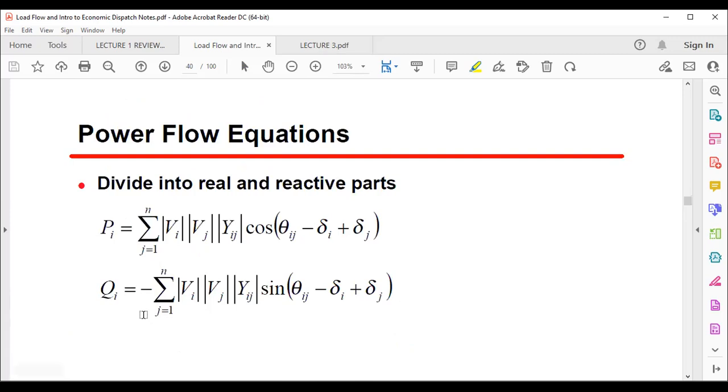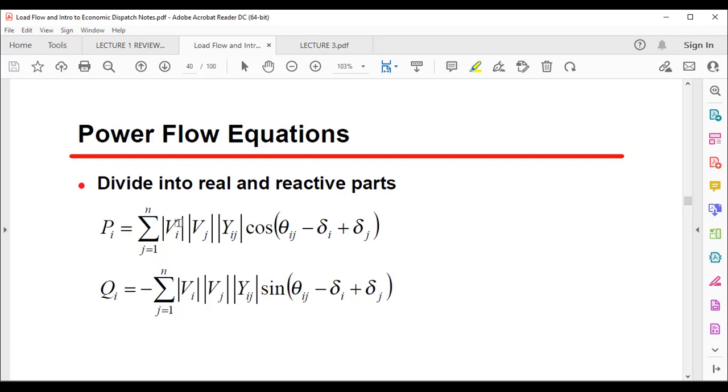Now, these real and reactive part equations are nonlinear equations because they have a cosine and a sine function in them. Then number two, for every bus, there are two unknowns and two known values.